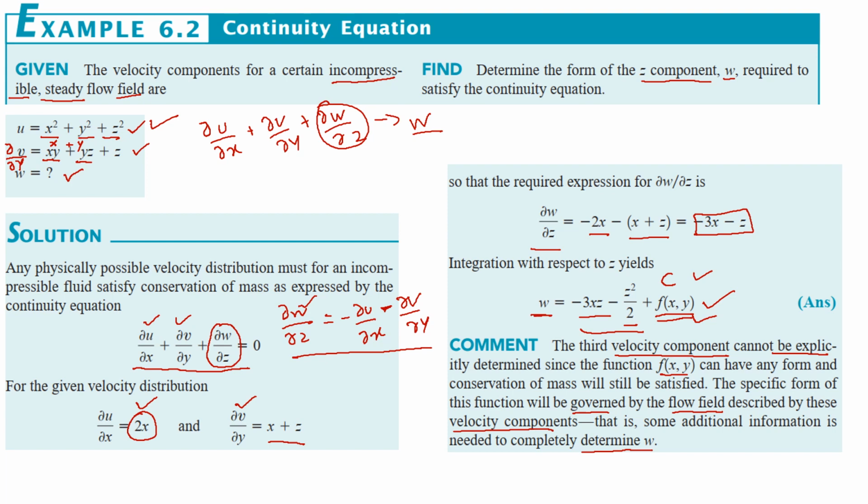So we still need to find that, but related to this particular example, we are not going to find this component. This is our final answer, but taking solutions like this and having a constant at the end of our integral, we cannot explicitly define our z component of velocity, and some additional information will be required to satisfy our continuity equation.